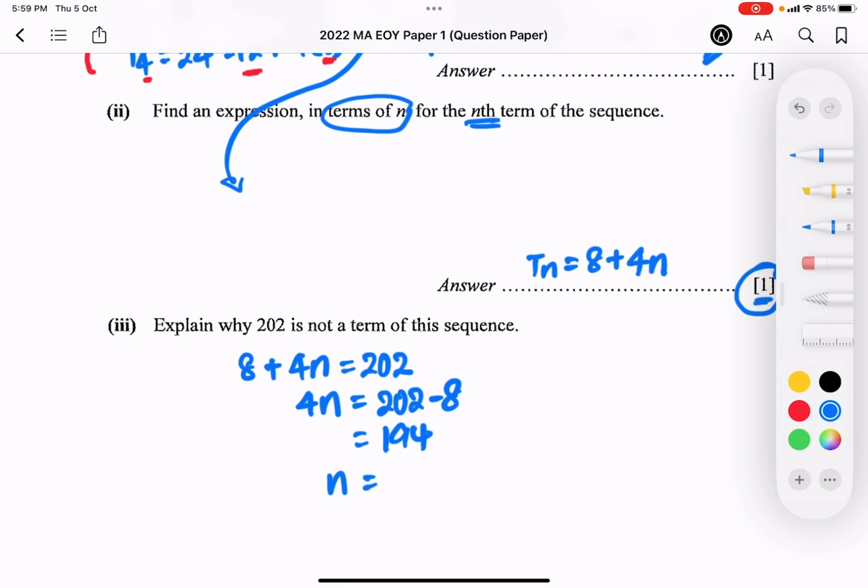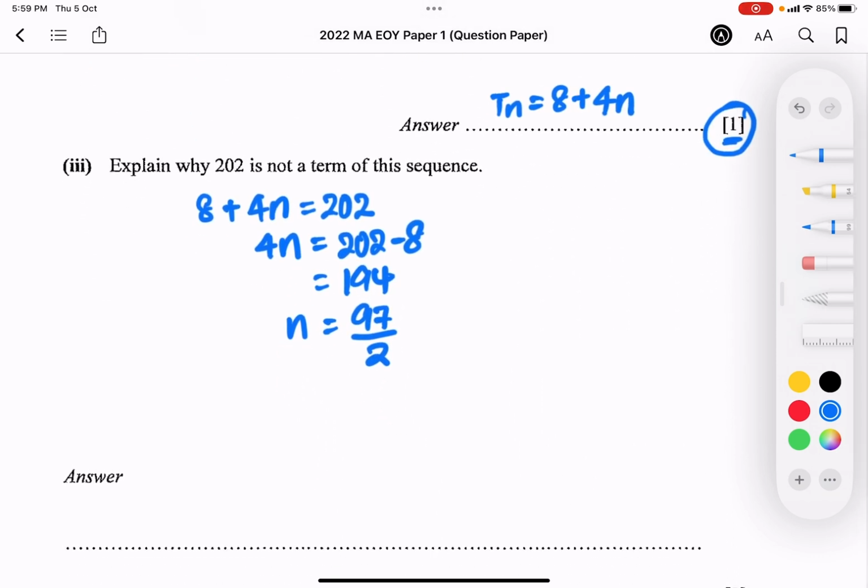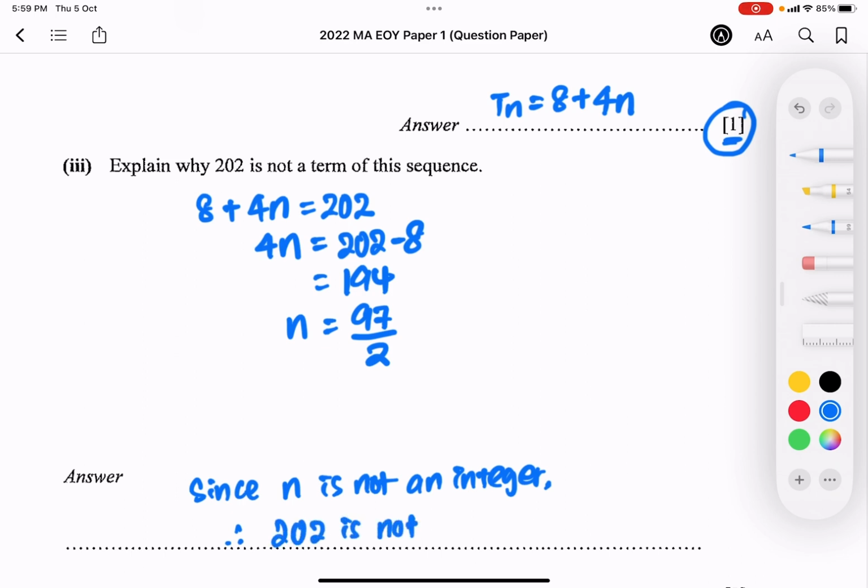And we notice that we do not get an integer. And therefore, since n is not an integer, therefore 202 is not a term in the sequence.